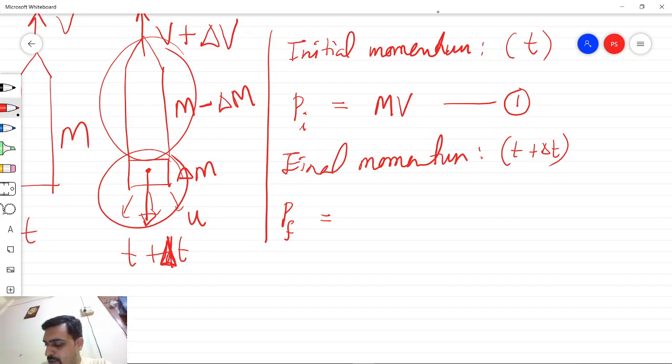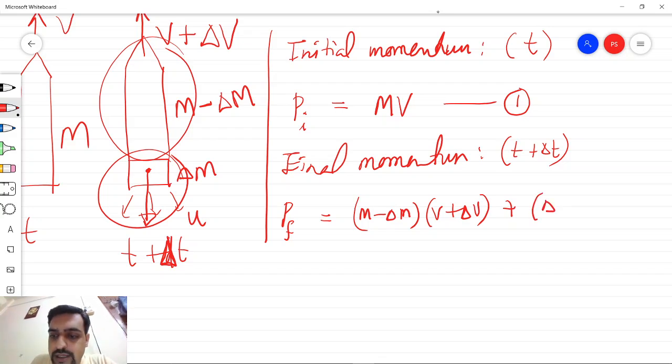So the momentum of the rocket is just mass into its velocity plus the momentum of the exhaust is its mass into its velocity.